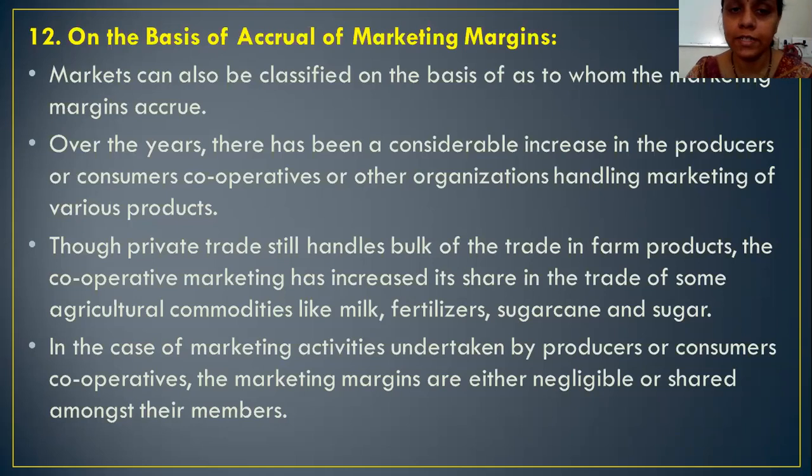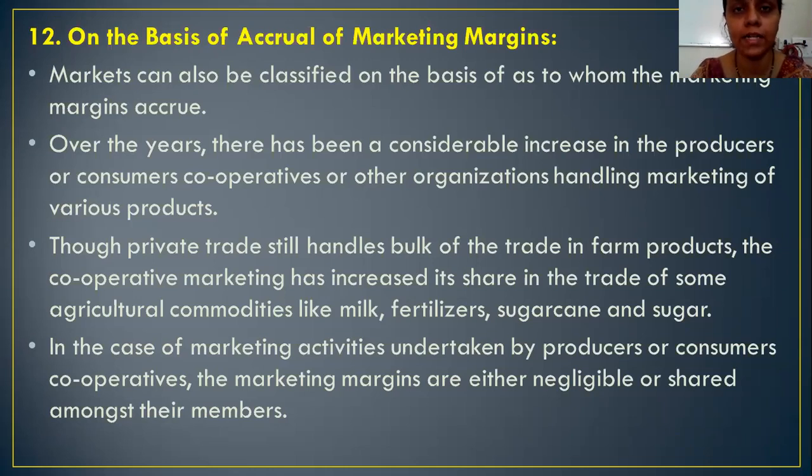Though private trade still handles the bulk of trade in farm products, cooperative marketing has increased its share in trade of some agriculture commodities. Cooperative marketing means here groups of farmers come together voluntarily and sell their produce. And such type of cooperative marketing exists in case of milk, fertilizer, sugarcane, and sugar.